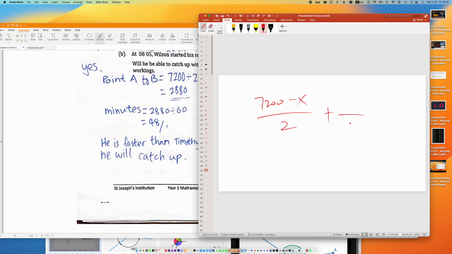Plus what? X divided by 3, equal 3300. Can you do from here? Show me until you reach the cross multiplication step.